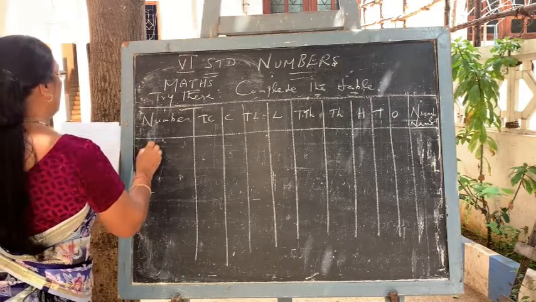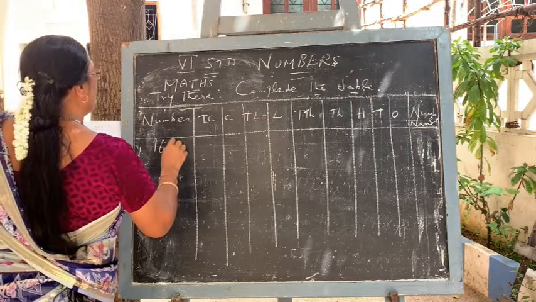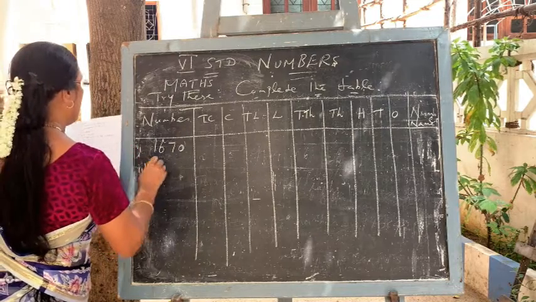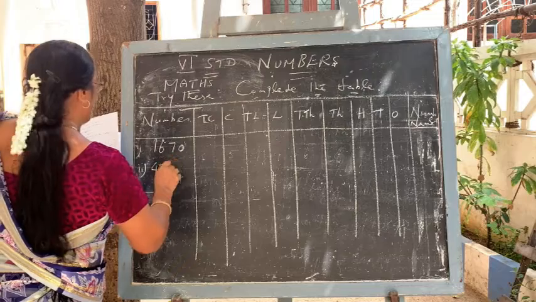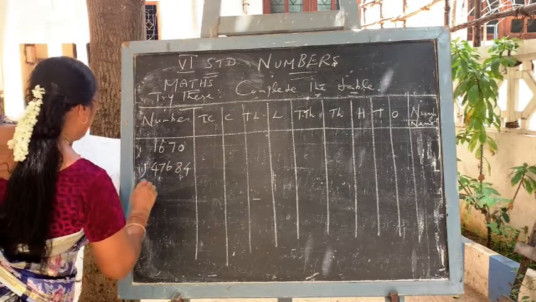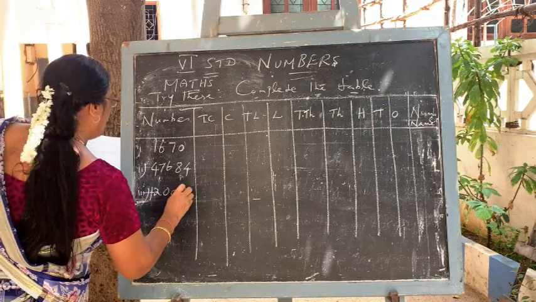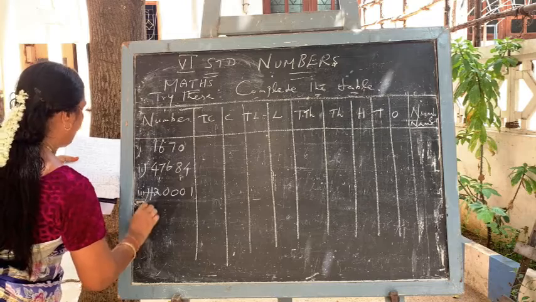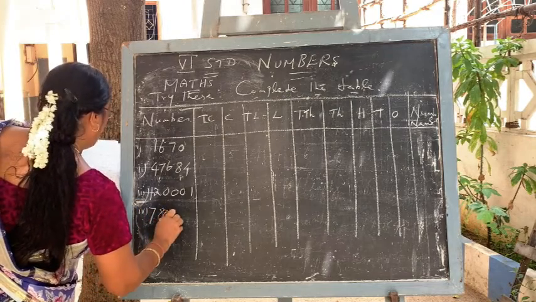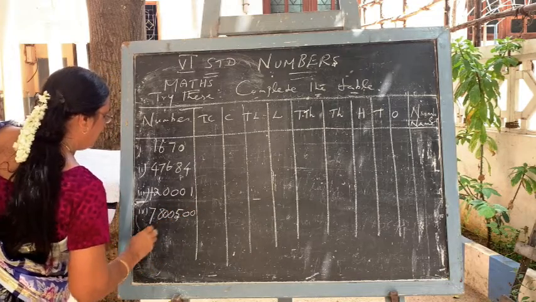Now listen all of you. What is the first number given? 1670. And the second number 7684. And the third one 120001. Then the fourth one 7800500.